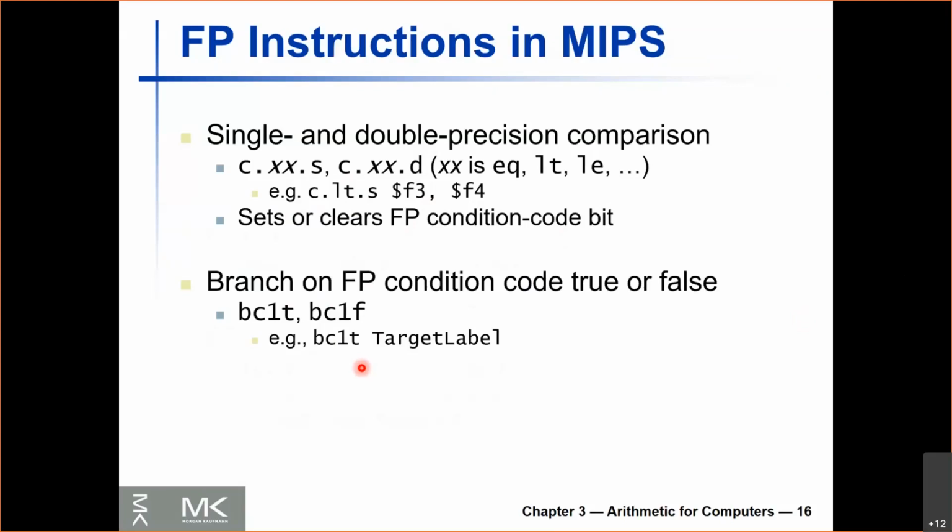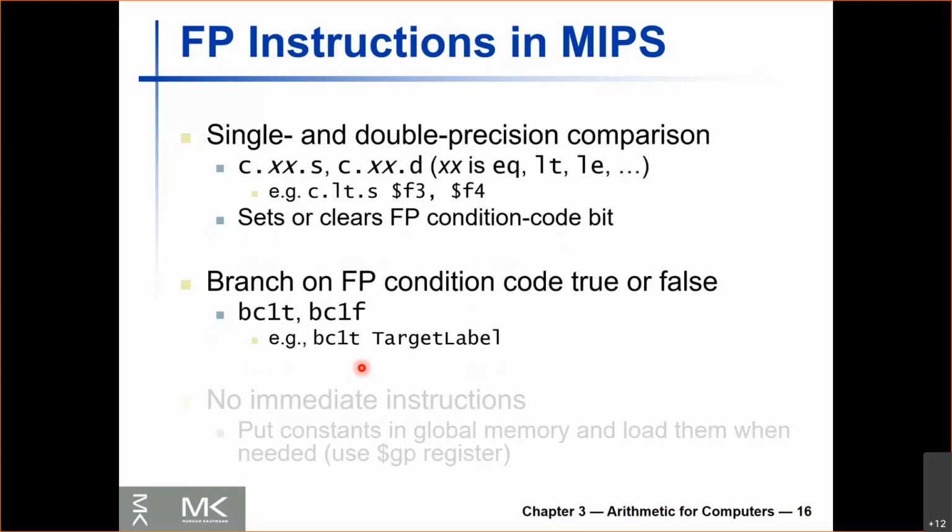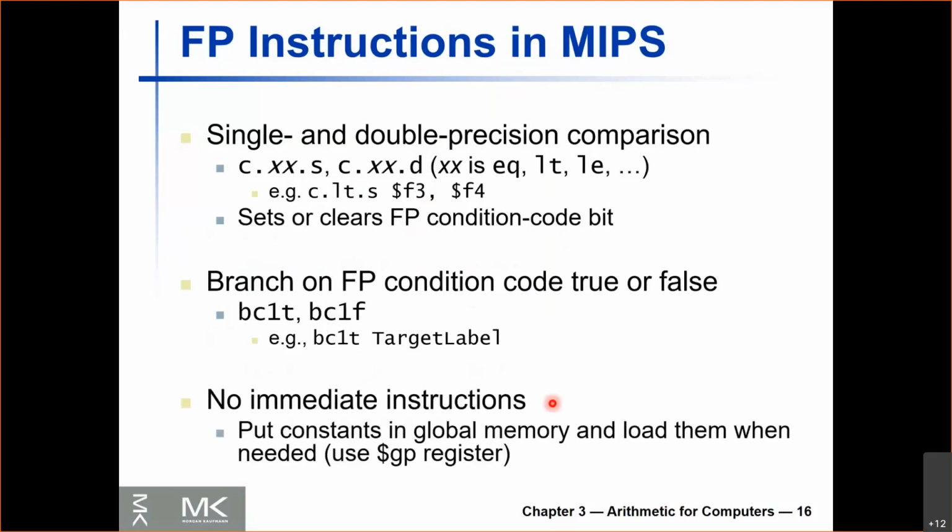Okay, one final thing about instructions before we do an example. We do not have immediate instructions. If you remember with add and subtract with integers, we had add immediate, and immediate, or immediate, etc. Well, with floating point, we don't have immediate instructions. Why?